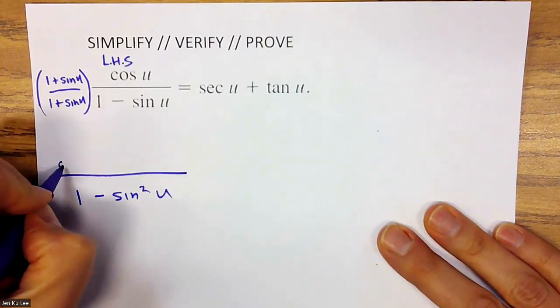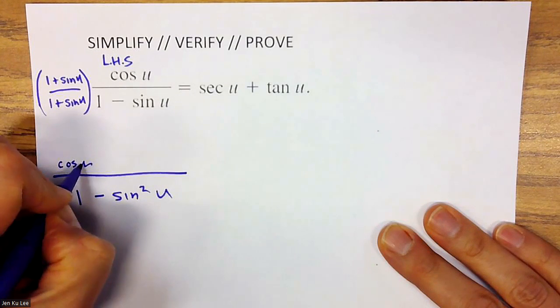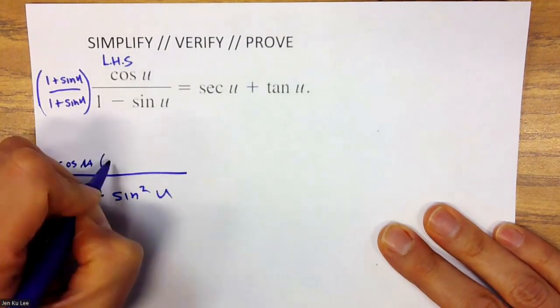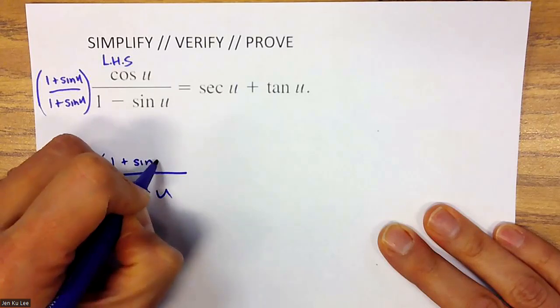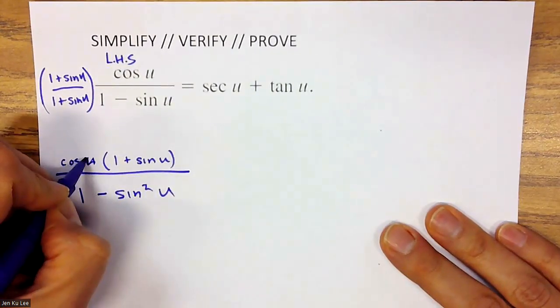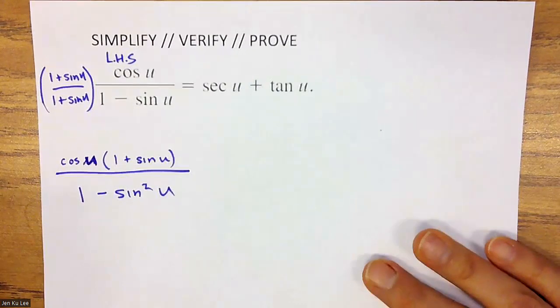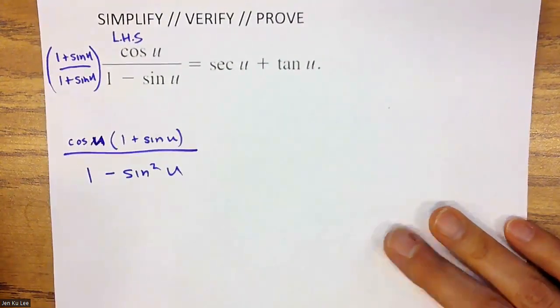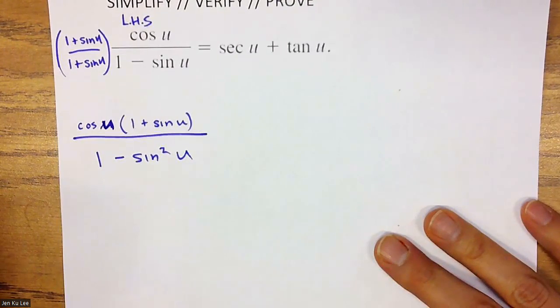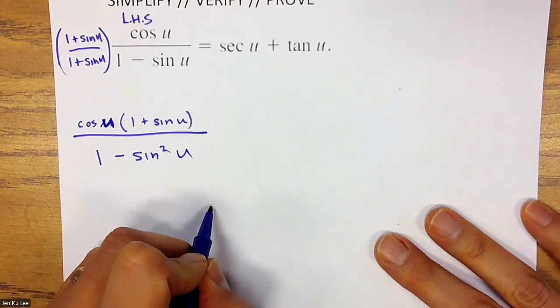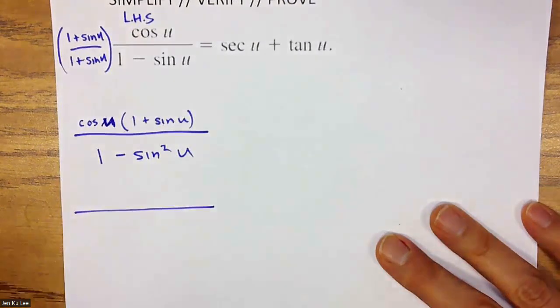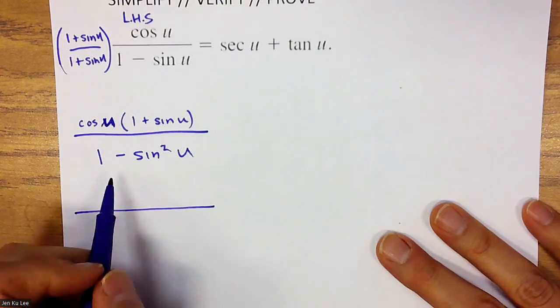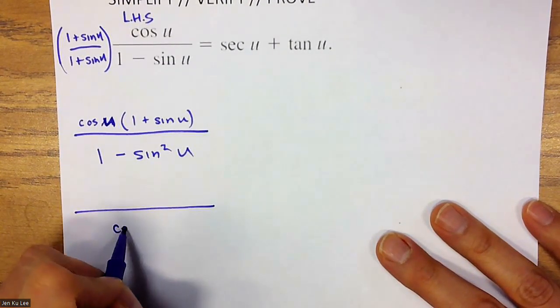On the top, I'm going to leave it as is. Okay? It's supposed to be a u, not a mu. So 1 minus sine squared, if you guys look at your trig Pythagorean identities, that's cosine squared.